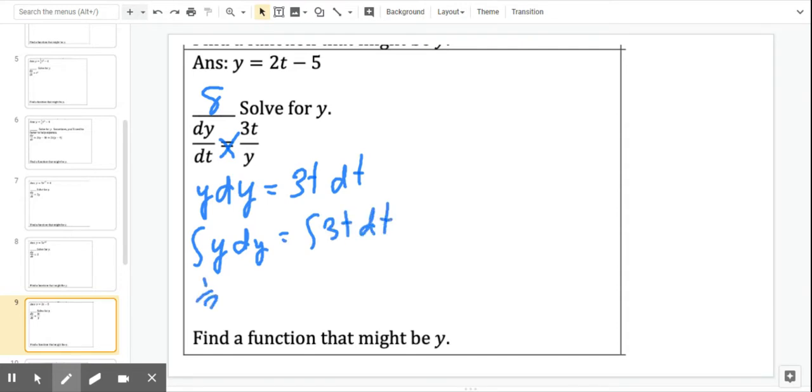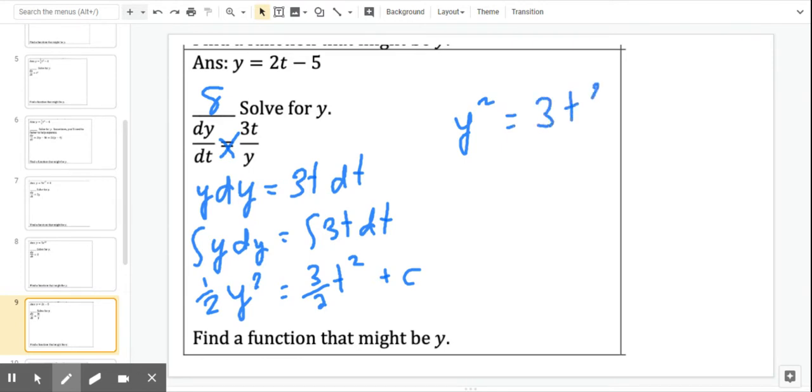I'll have 1/2 y squared equals 3t squared divided by 2 plus c. And then to get y alone, I'm going to multiply by 2 on both sides. And I'll have y squared equals 3t squared. And technically this is 2c, but again, it's just an arbitrary constant, so we can just write c again.